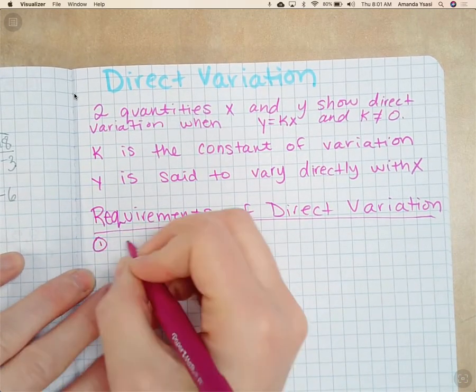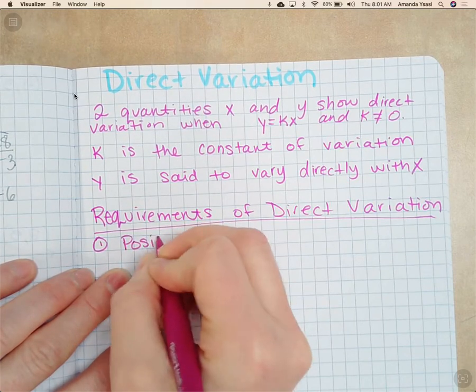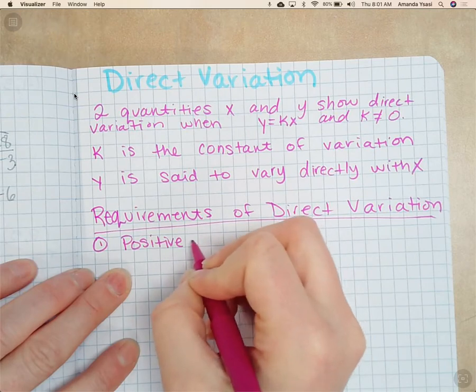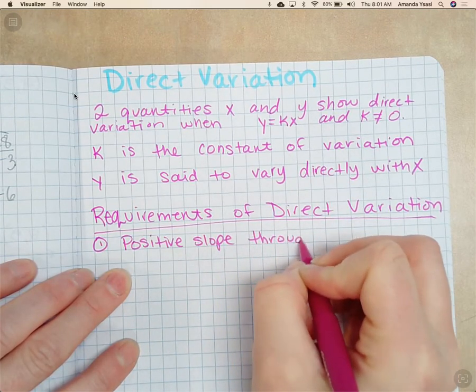So one, it's a positive slope through the origin.